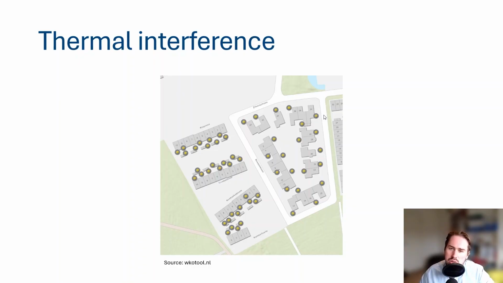And all the yellow dots you see here is actually a geothermal borehole. And as you can imagine, the people living in the center of this project will experience quite a lot of thermal interference due to all these neighbors. And this can easily range in the order of magnitude of 2 or more degrees Celsius. So it's really important to take this into account when you're designing your geothermal system.